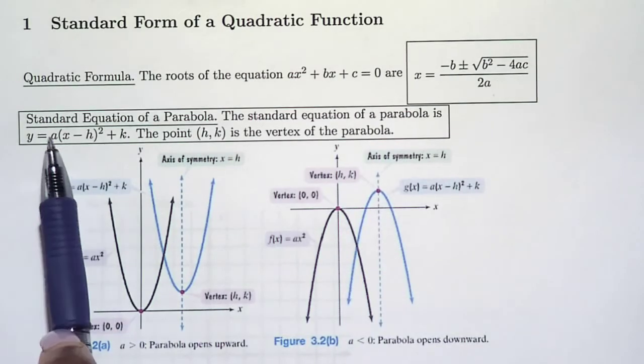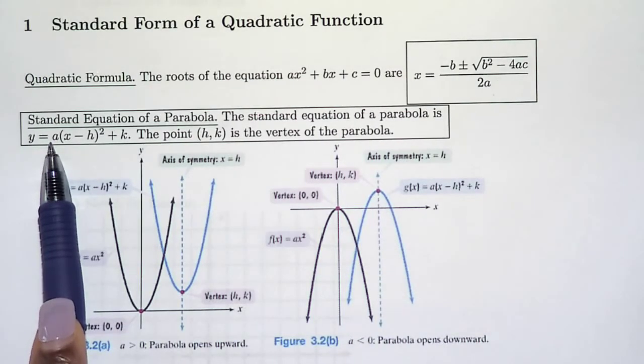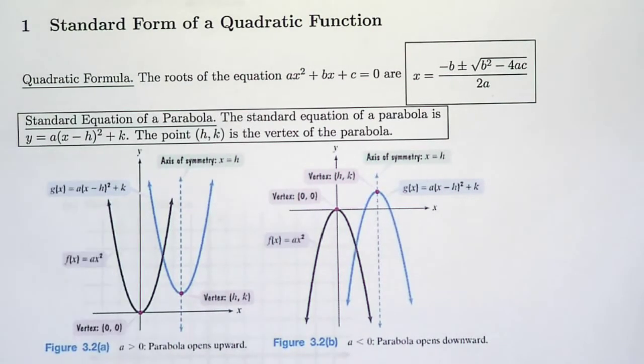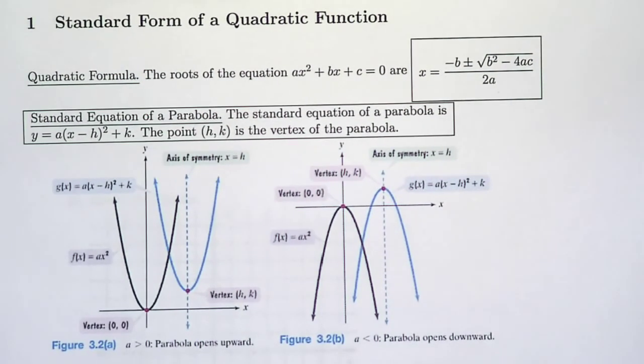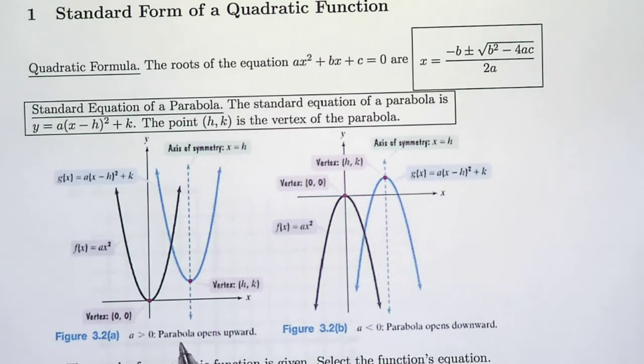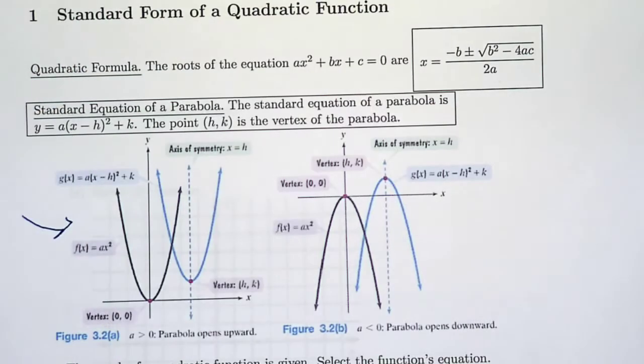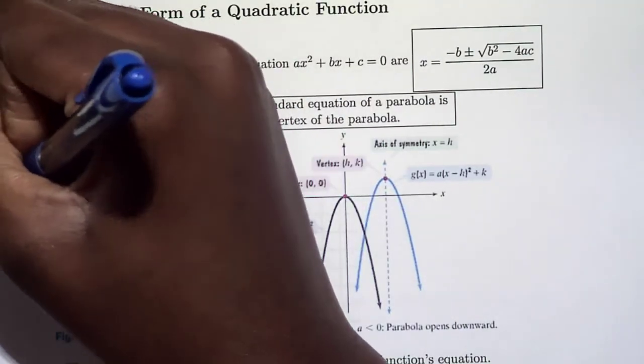And the other part that's unknown is a, so this is just talking about how wide our parabola opens, but the most important part is whether a is positive or negative. So if a is positive, our parabola is going to open up.